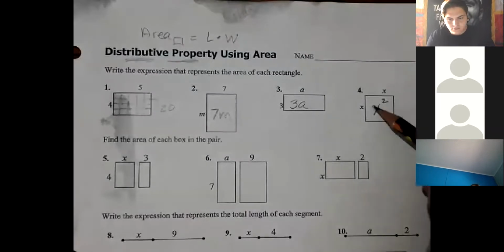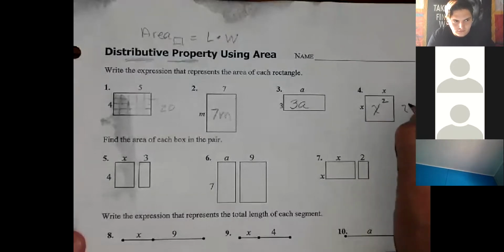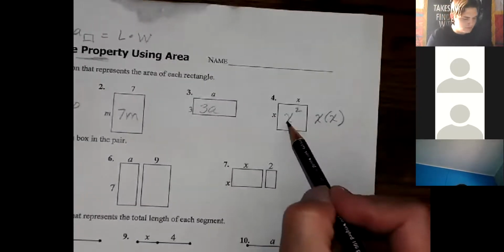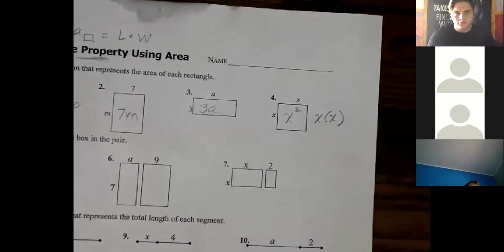Another way to write this, which is just as good, is X times X. This is definitely a shortcut. It just looks less complicated. You can use it as a square, or you can use it both ways. Yes, you can.